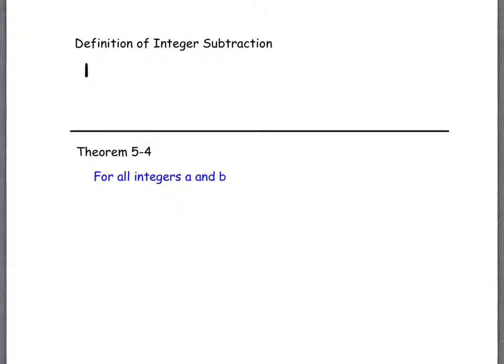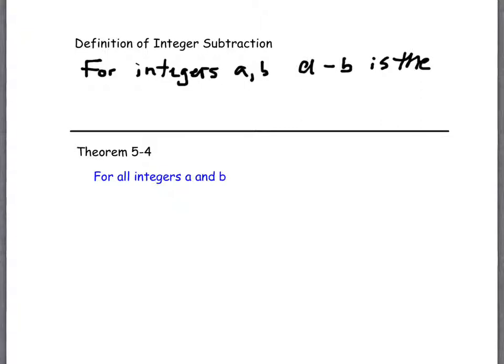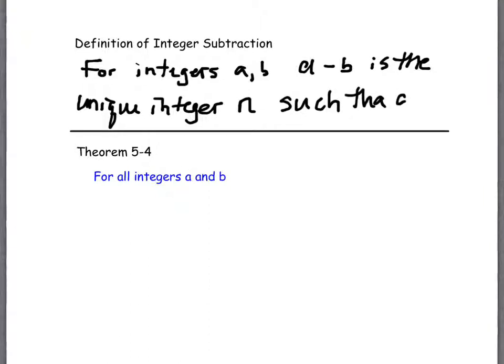All right, so for integers a and b, a minus b is the unique integer, your book is using n, such that a equals b plus n.